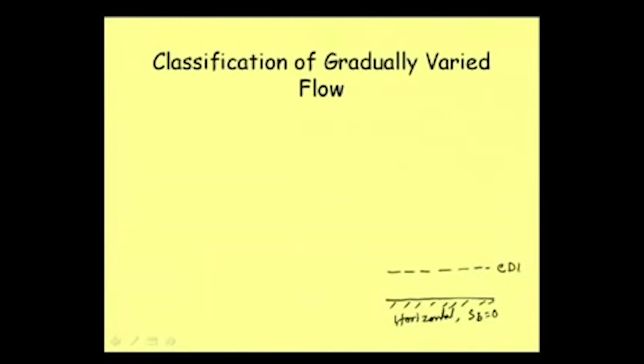If Q is known, then we can always calculate the critical depth. If it is a rectangular channel, Q is given, width is given, then you can calculate (q squared by g) whole to the power 1/3. That is giving us the critical depth.